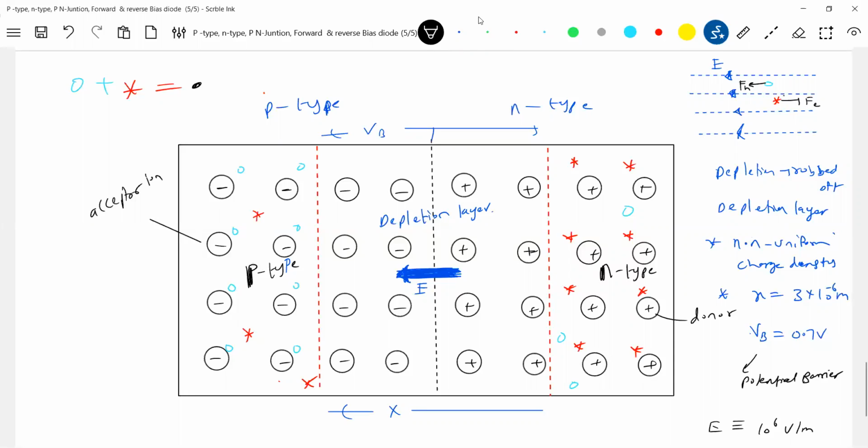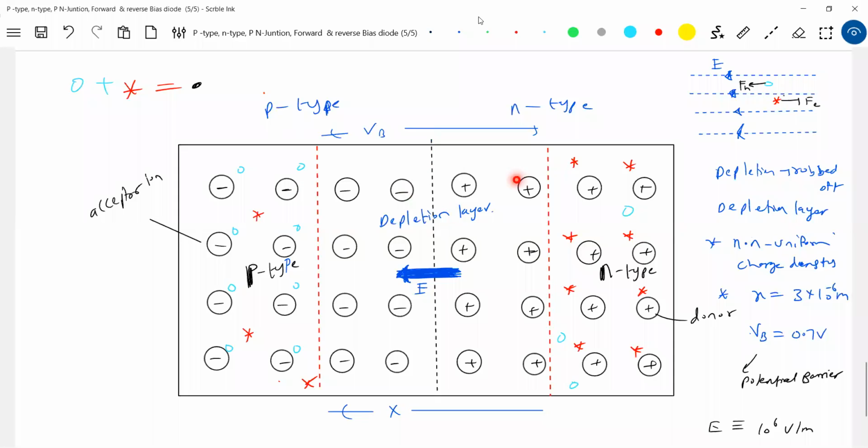It's a very high electric field. The thickness will be a few micrometers, and the potential difference when I measure is 0.7 volt. So barrier for majority carriers. This electric field will not permit the electrons to move from N to P type, or the holes to move from P to N type.